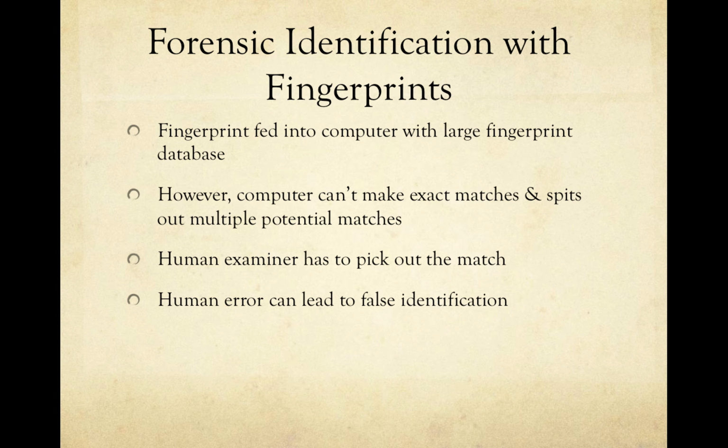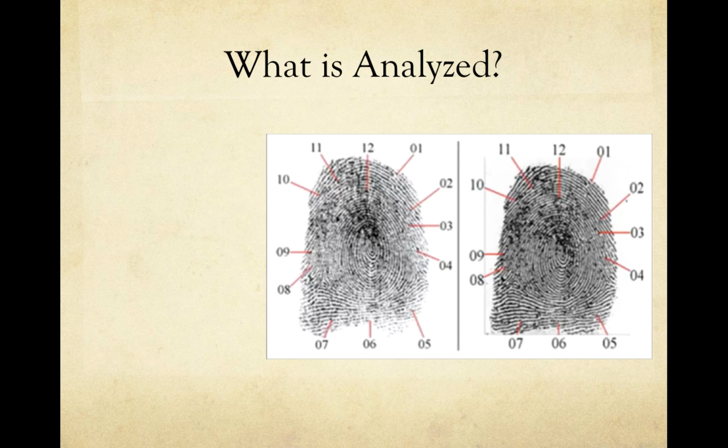Luckily the actual perpetrator was found, but certainly you can have these misidentifications or false identifications with fingerprint evidence because of this human examiner who has to make this decision. So there is some potential for error there.